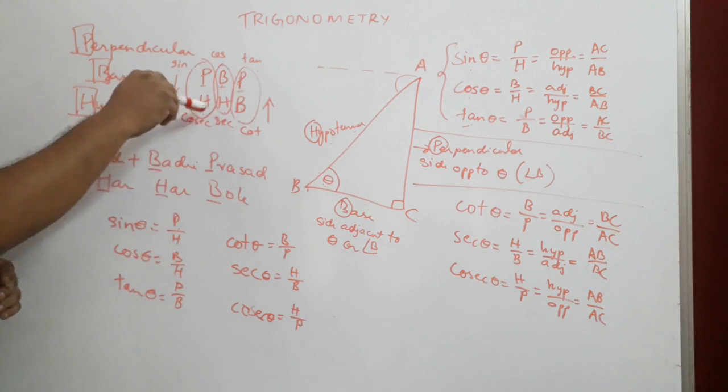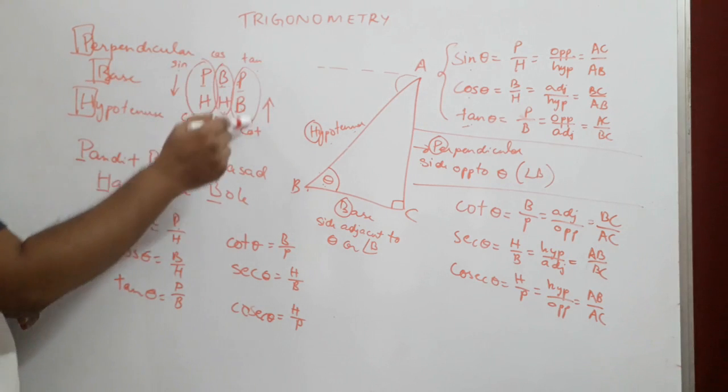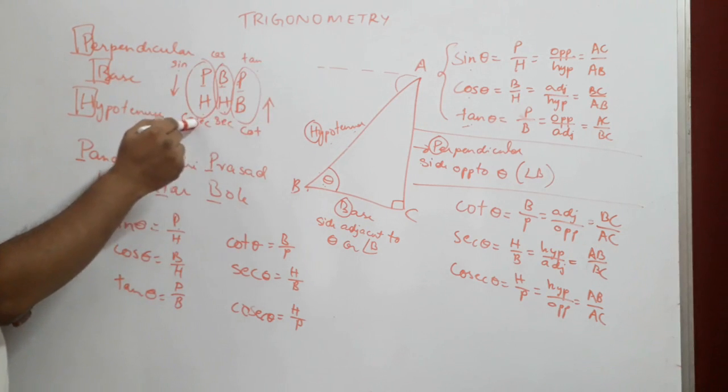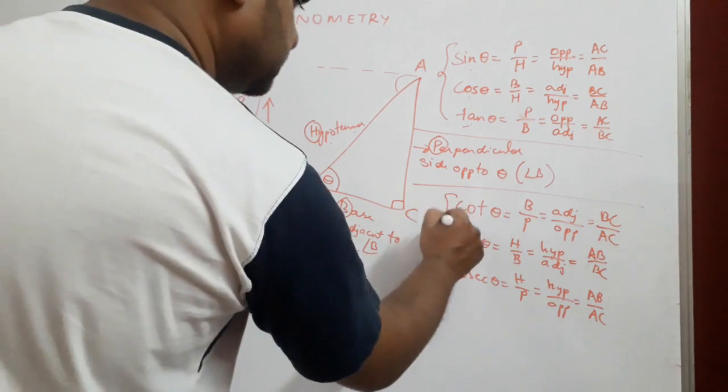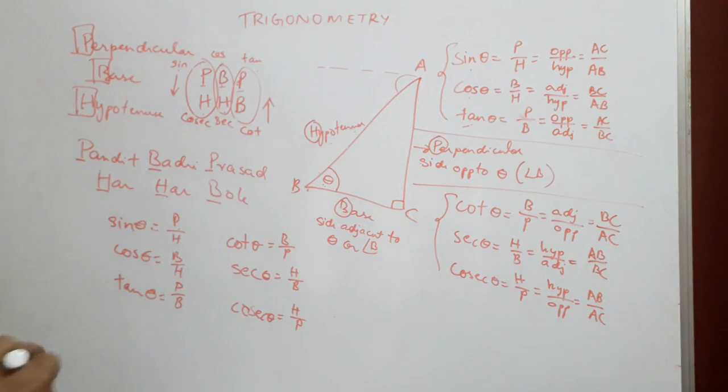And then in reverse, when we go from bottom upwards, we get cot, sec and cosec. This is how you get the first set of trigonometric ratios and the most important ones: sine, cos, tan, cot, sec and cosec.